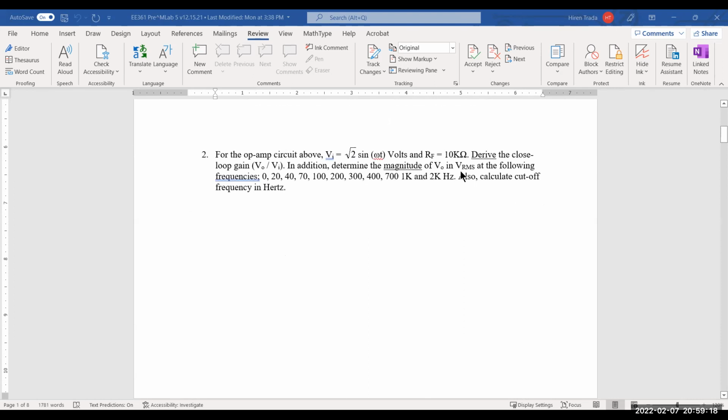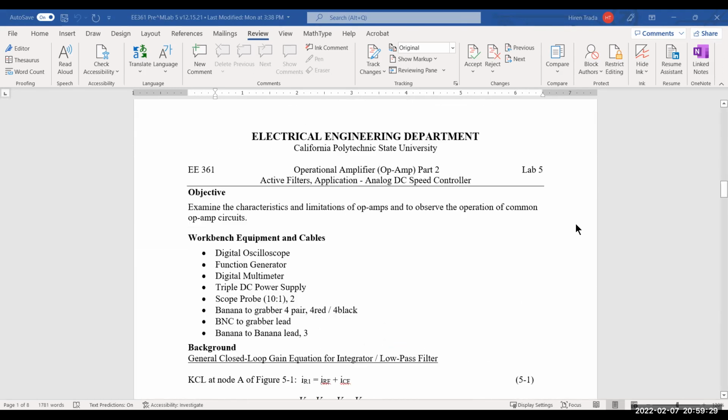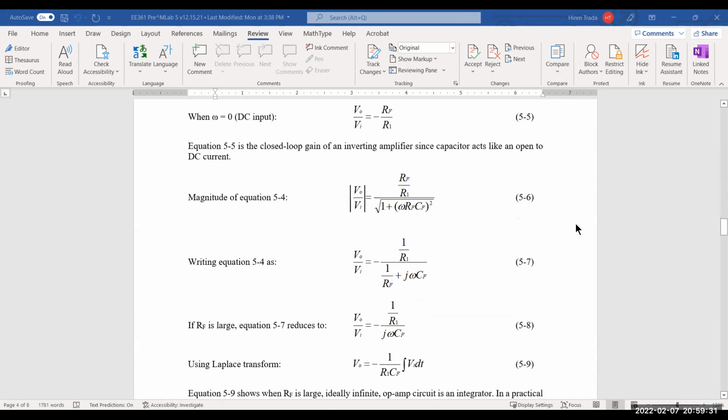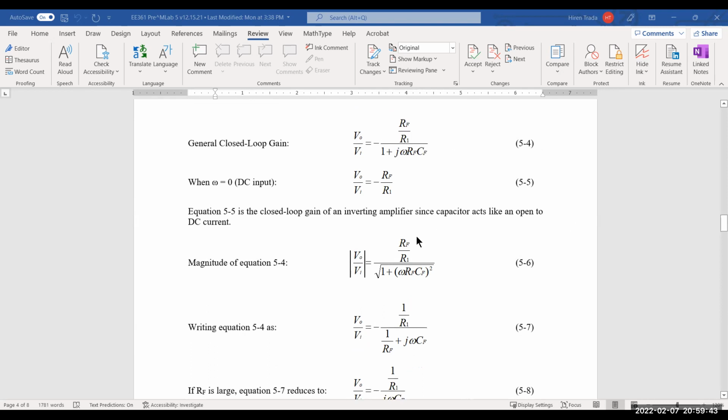Determine the magnitude of V out in VRMS at the following frequencies. So if you want the magnitude, let's go to the equation for the magnitude, which is given right here in 5-6. Okay, 5-6. So the equation for the open loop gain is given in 5-4.